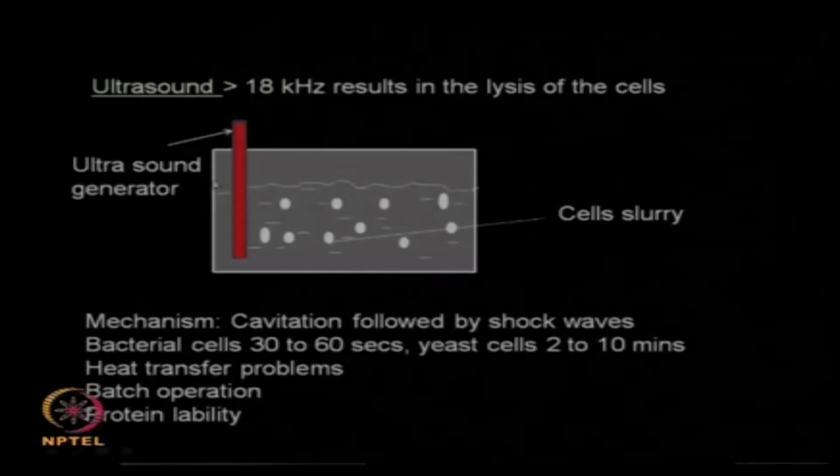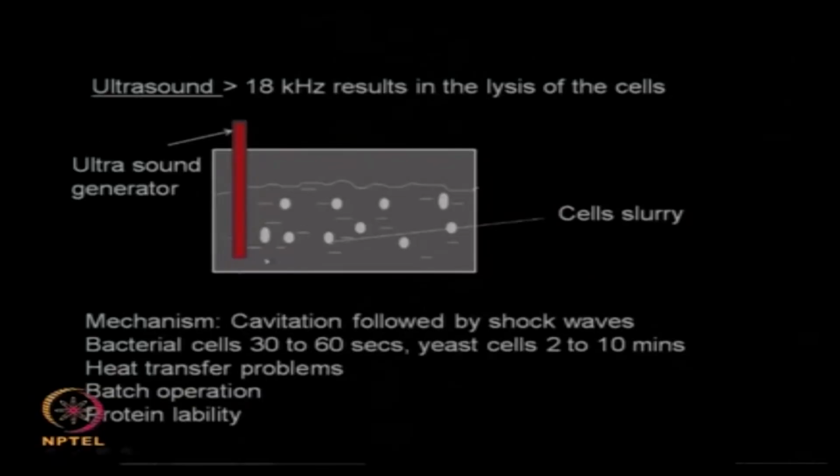So what you have is a container with the slurry, that means cells and the liquid or water inside, and then you have an ultrasound generator. This generates ultrasounds which get transmitted inside the cell slurry, and the cells feel the high energy and because of that they break. So basically the mechanism is through cavitation or through shock waves.